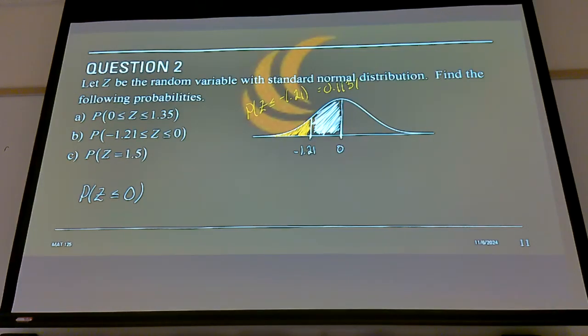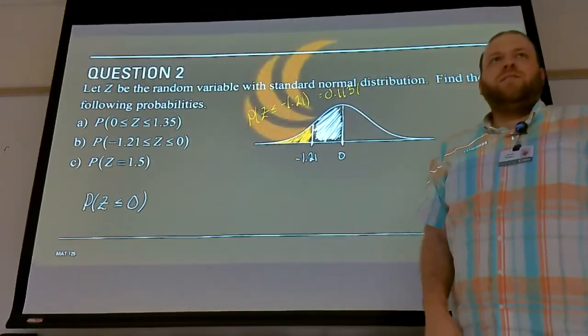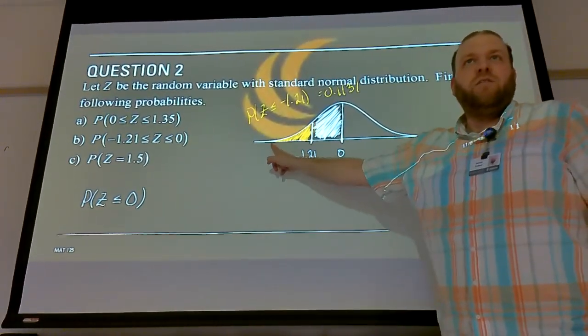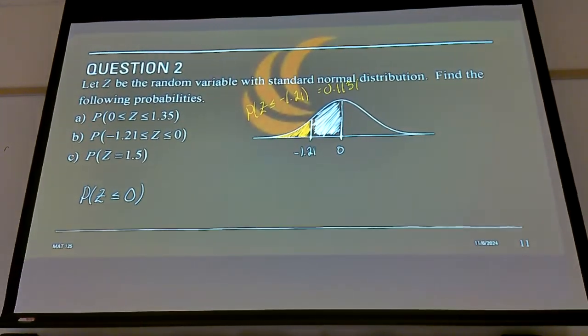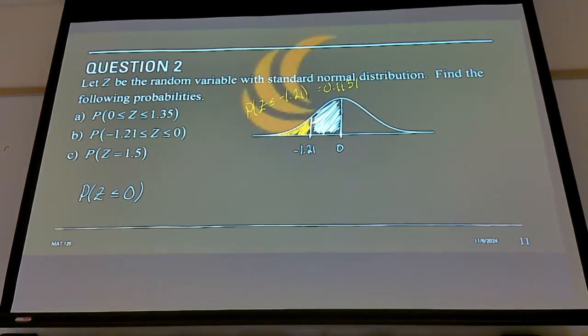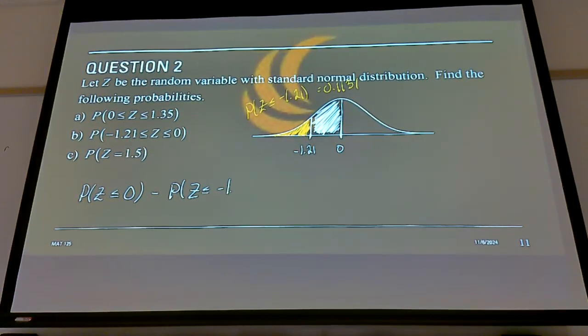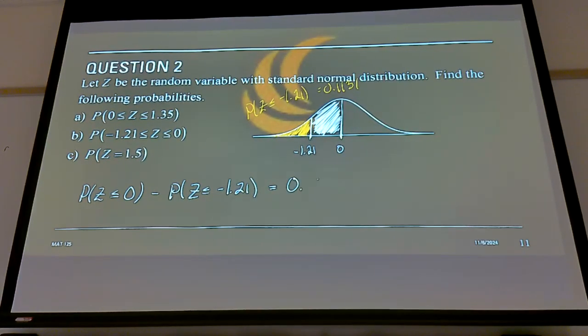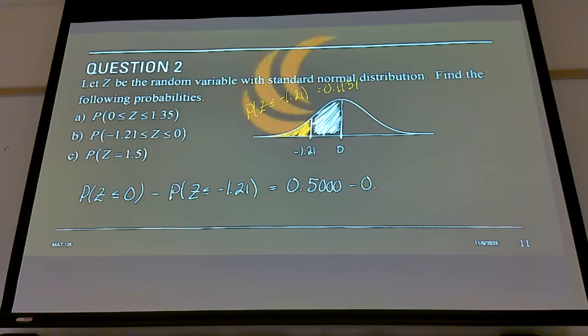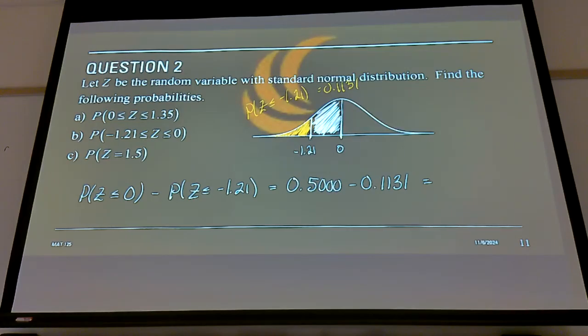Right, because that middle shaded region is everything to the left of 0, all of this minus what's to the left of negative 1.21. What, 0.4869?